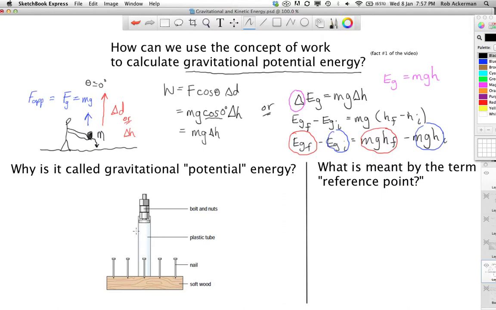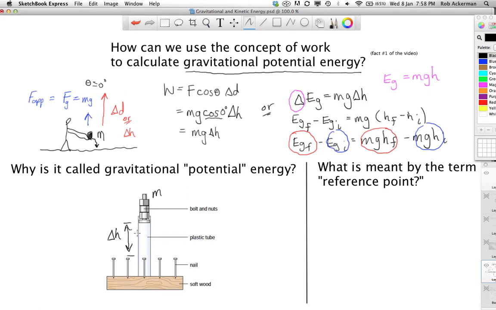For example, if we allow this nut and bolt combination to fall a certain height, a delta h, and if it has a certain mass, we now have a situation where gravitational energy has been lost because we're going down. And therefore, we lose gravitational potential energy. What's going to happen when we drop this? I think you know it's going to speed up.